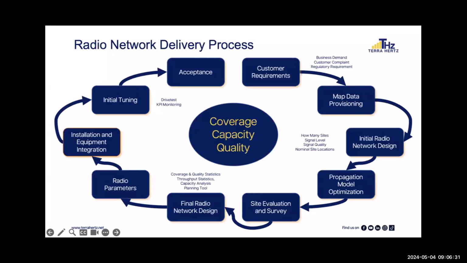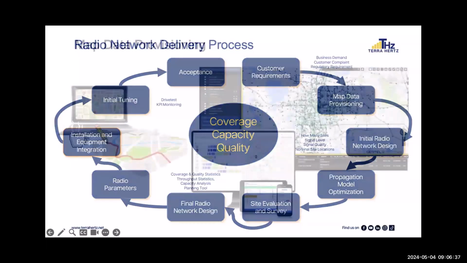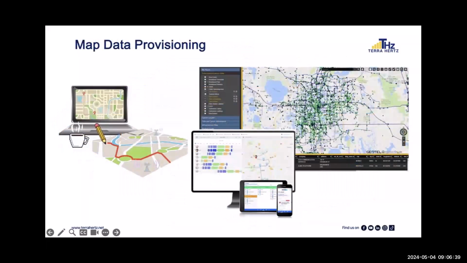Now, if we go through a quick view: for the customer requirements, map data provisioning is like this. You have a planning tool, and you have maps of a certain area, for example the Philippines, NCR, Makati region, or Bonifacio Global City. So you have different sets of maps.